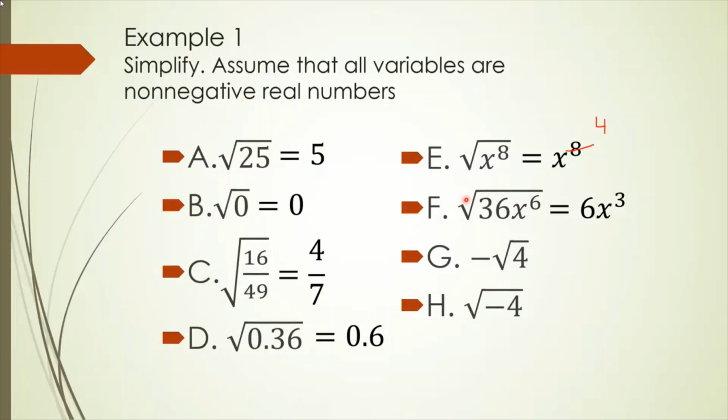So you can divide. 2 goes into 6 how many times? 3. 2 goes into 8 how many times? 4. Square root of 4 is 2, but that negative comes along for the ride. So you can do it this way. Square root of 4 is 2, times negative 1.